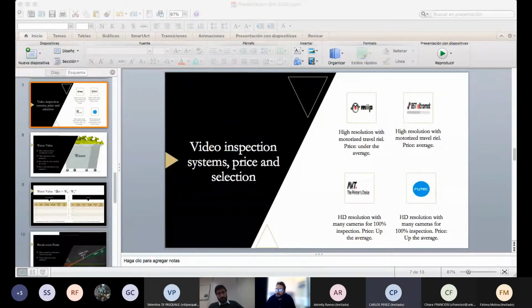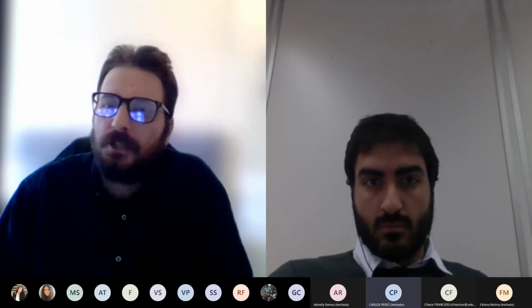I think you are sharing the wrong one, because the one we are looking at is named Video Inspection System Price and Selection. Yeah, let me start it again, because I think there are many options for sharing the screen, and you should select the last one on the left, so that you share your actual screen and not just a page.